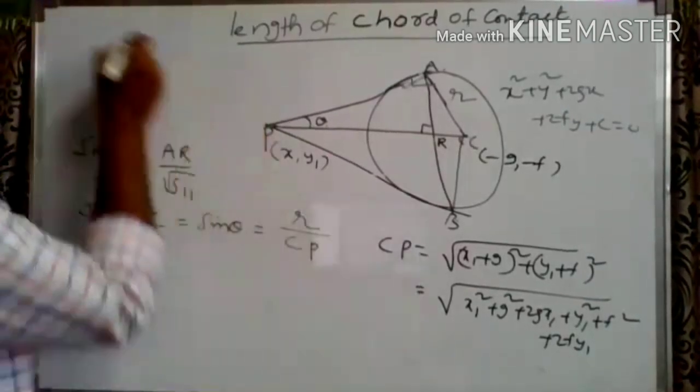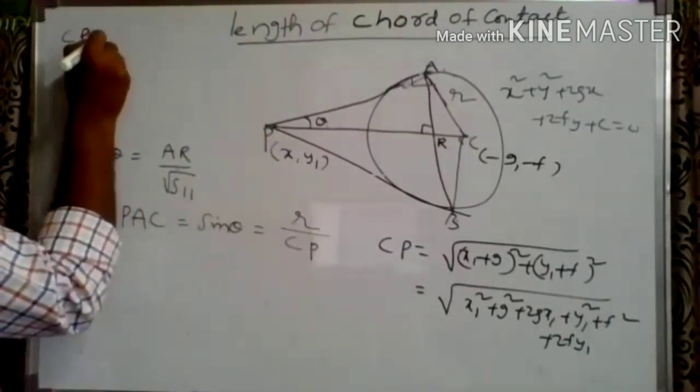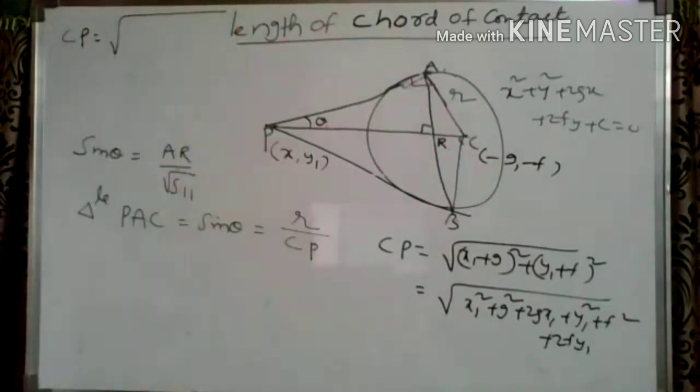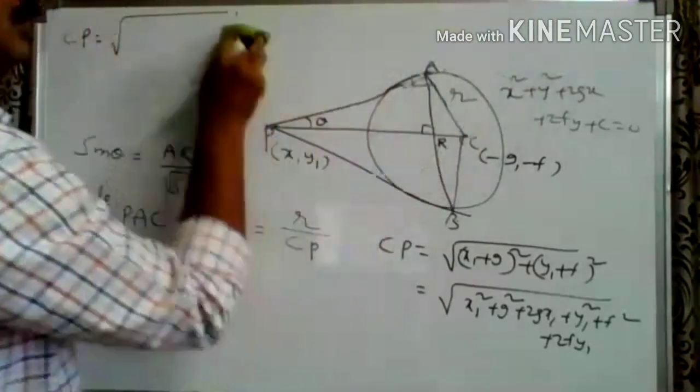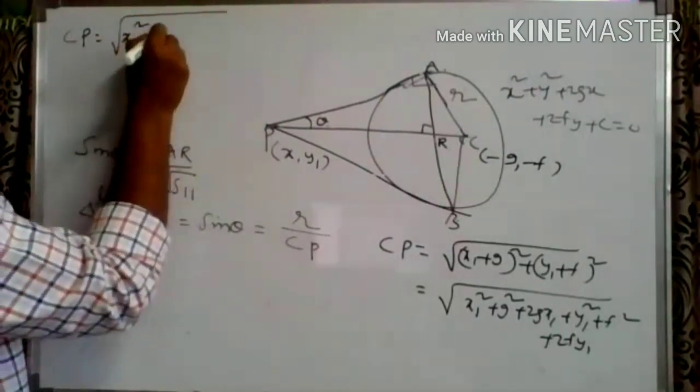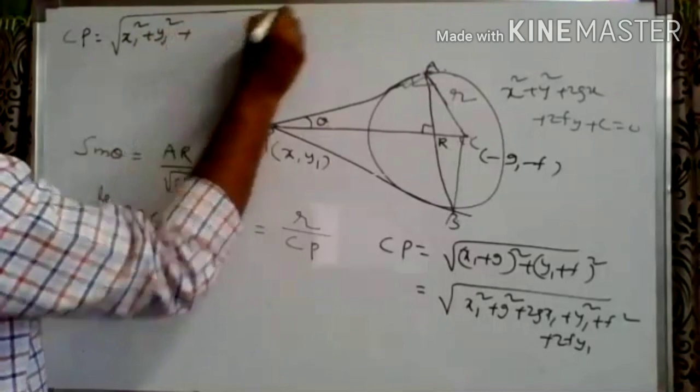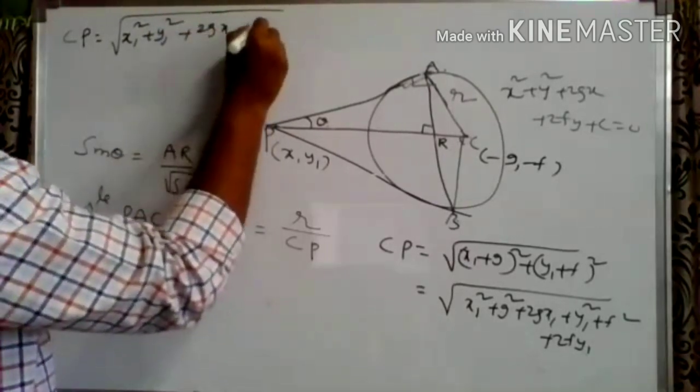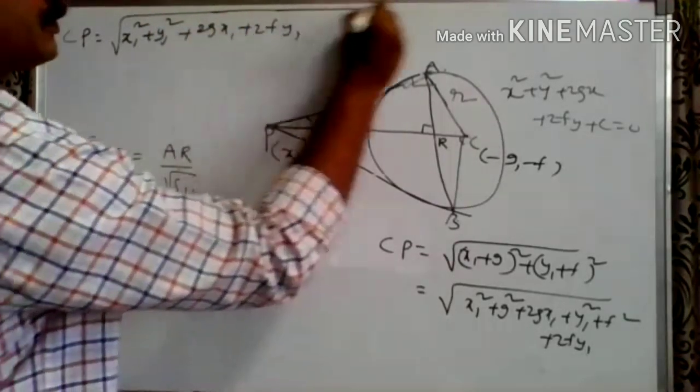CP is equal to root of x1 square plus y1 square plus 2gx1 plus 2fy1.